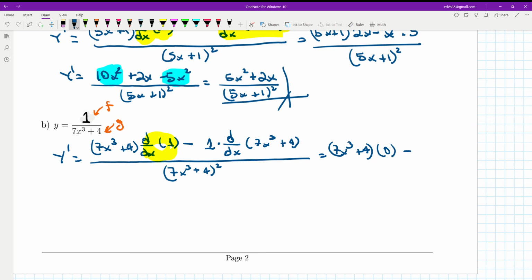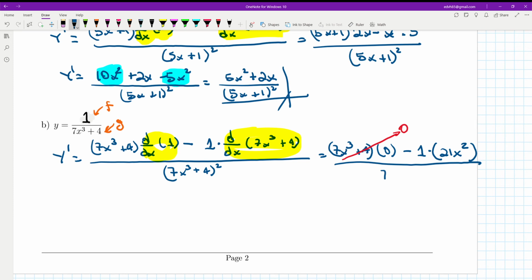minus 1 times the derivative of 7x cubed plus 4, which in this case will be 7 times 3, that's 21x squared. The derivative of 4 is 0. Now, over here, this 0 times that quantity will cancel this term.